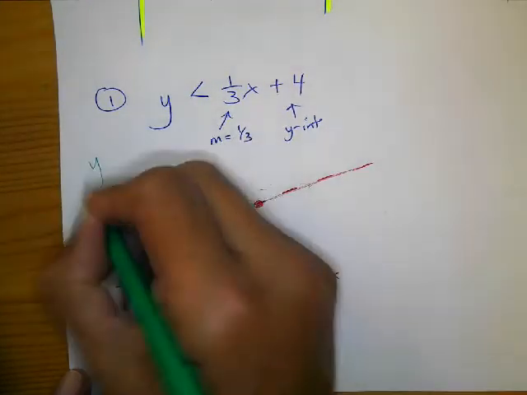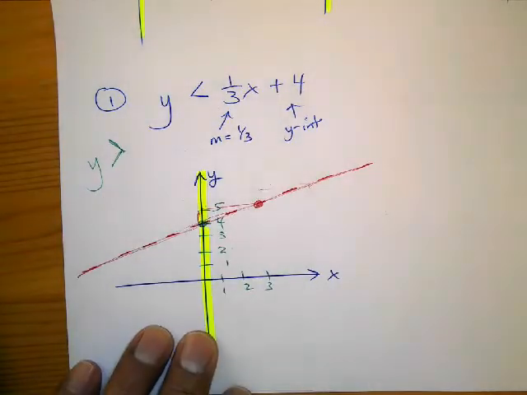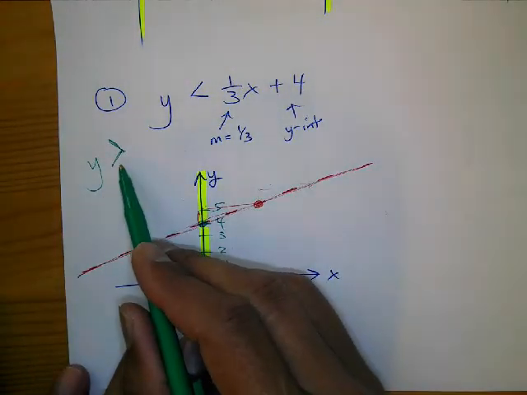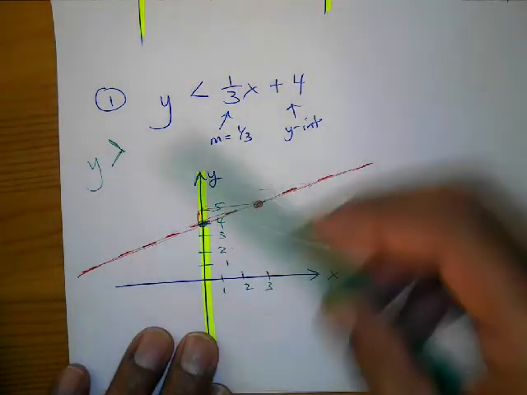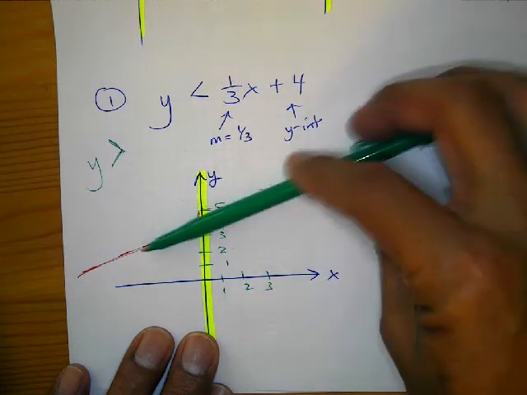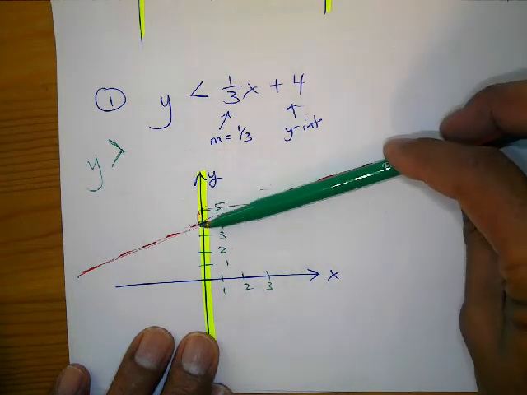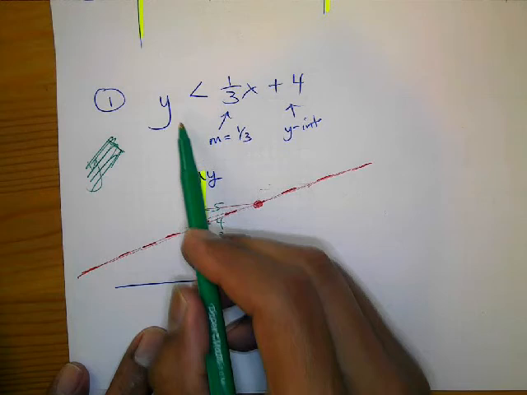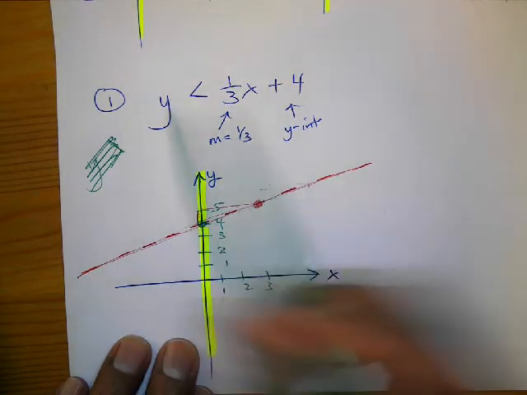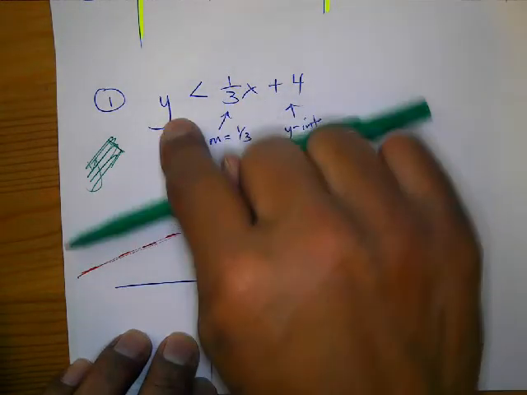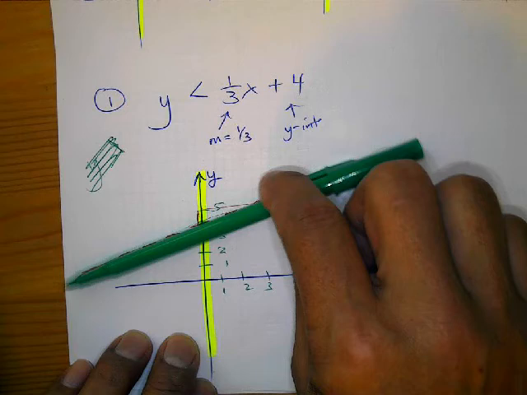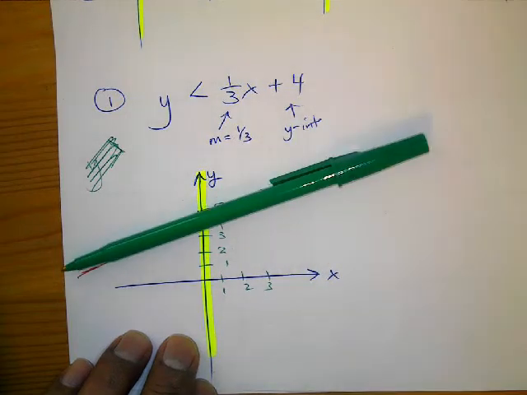I have to read this. Is this opening up to the y like that? Because if it is, that means that the values of y are greater. No, it's not. This is saying that where this line is, I want the values of y that are less.